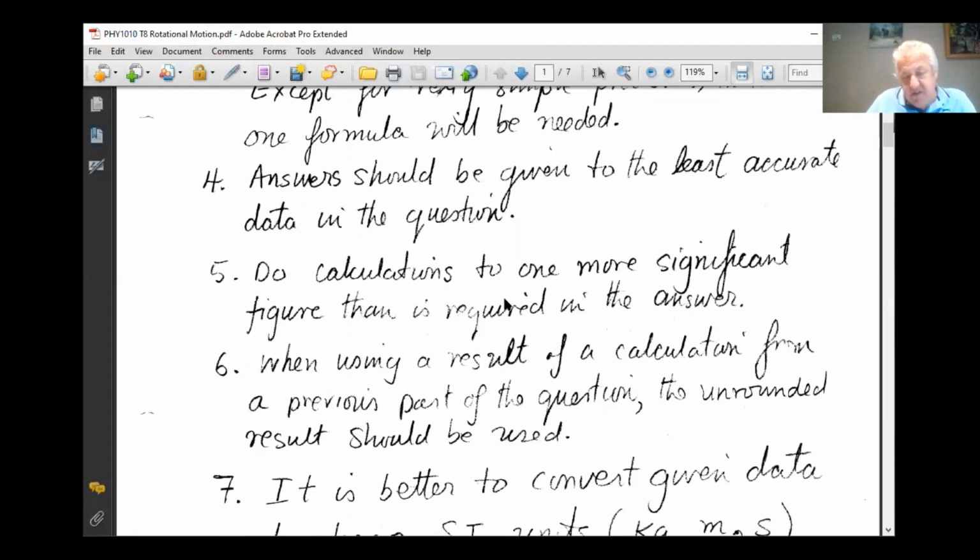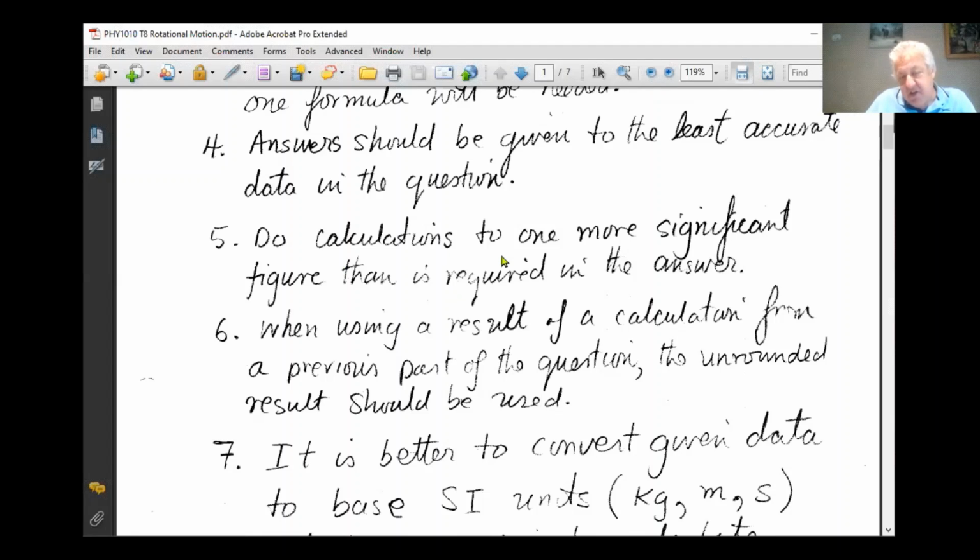When doing calculations though, always do the calculations to one more significant figure than is required in the answer. Otherwise you'll propagate too many errors by the time you get to the final answer. So always calculate to one more significant figure than required in the answer.